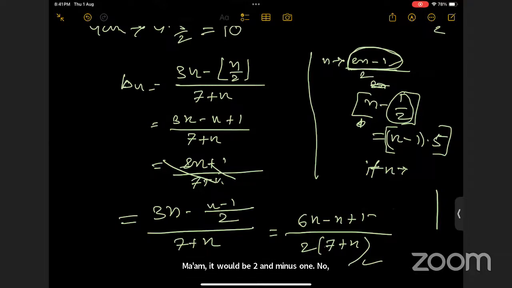So for n odd, in natural numbers it is 2n minus 1. So 2 will come with n. We divided it by 2, right? No, it's not like that. The n in that floor function will be replaced with the n representing the odd numbers. Odd numbers are of the form 2n minus 1. So it will be 2n minus 1 upon 2 in place of floor function of n by 2. After that, when you open the bracket and simplify, then 5 by 2 will come.